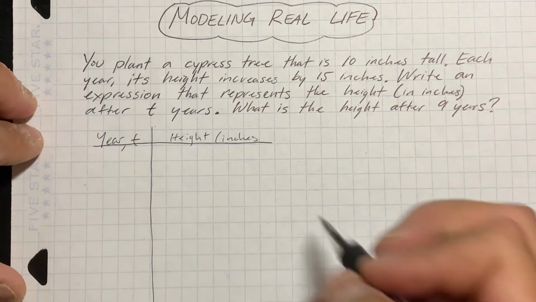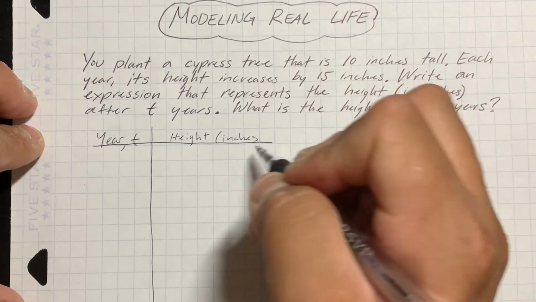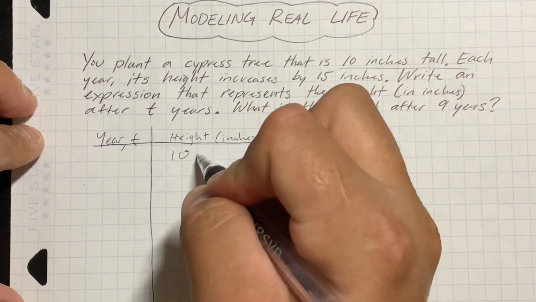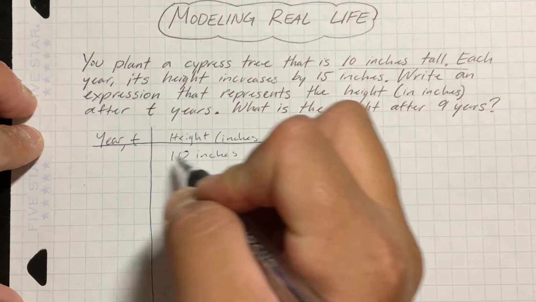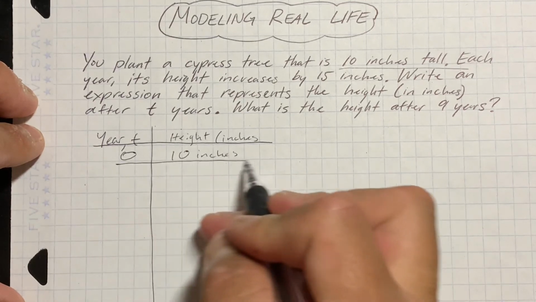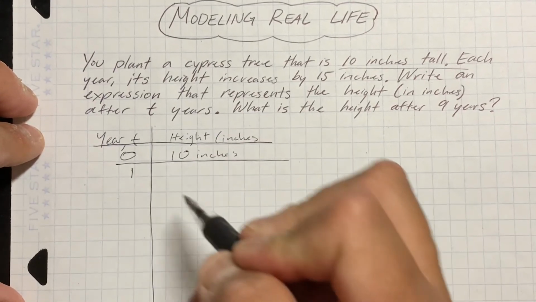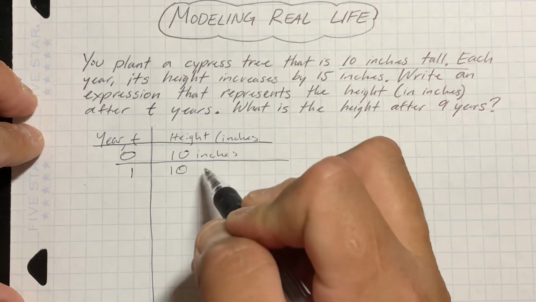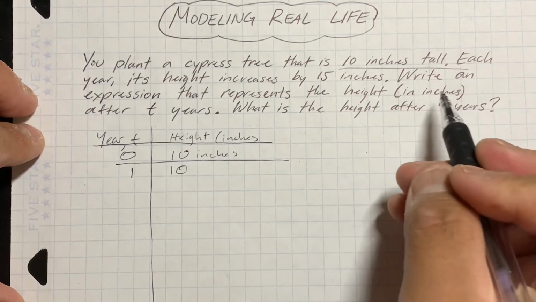We just got this plant, and we know that the plant is 10 inches tall. Technically no years have gone by yet, but the first year we have it, we know it's 10 inches tall.